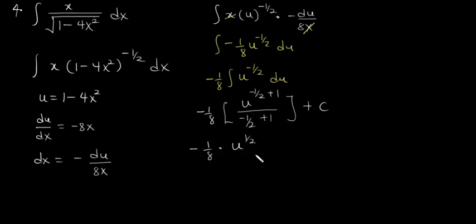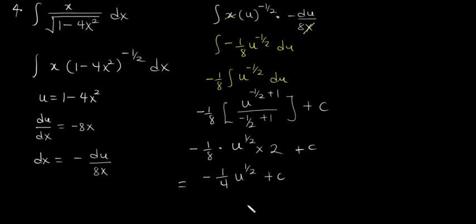But instead of dividing by half, let's multiply by 2. You just have to find the reciprocal of the exponent and multiply it by the whole term. So at the end our answer is minus 1 on 4 u to the power half plus C.